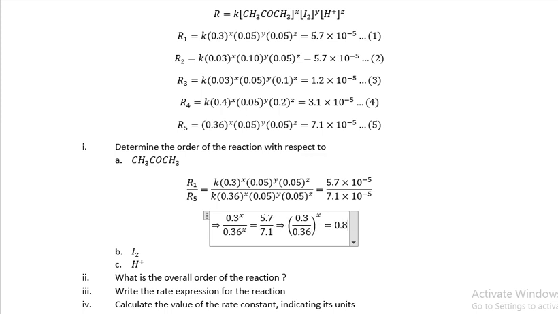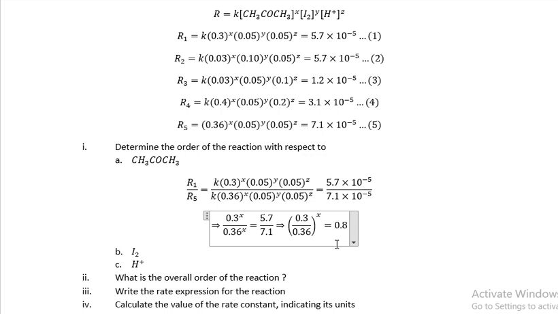Now if we take 0.3 divided by 0.36, we get 0.83333. Anyways, from this instant, the best thing to do is we just apply logarithm on both sides.